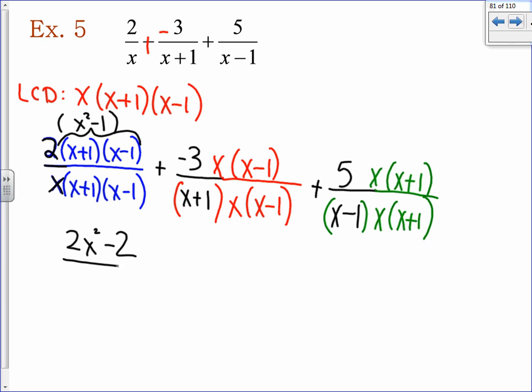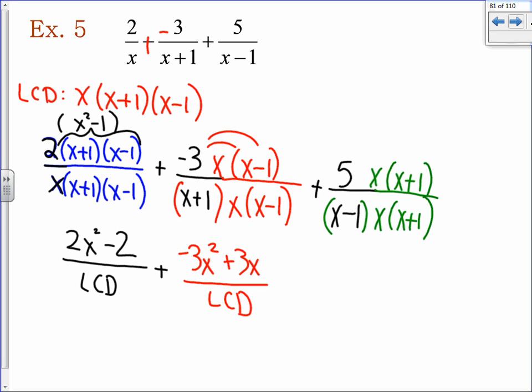Okay, and that's over the LCD. Plus. Next one we have, we just have to distribute here, so we get negative 3x squared plus 3x over the LCD, plus 5x squared plus 5x over the LCD equals.